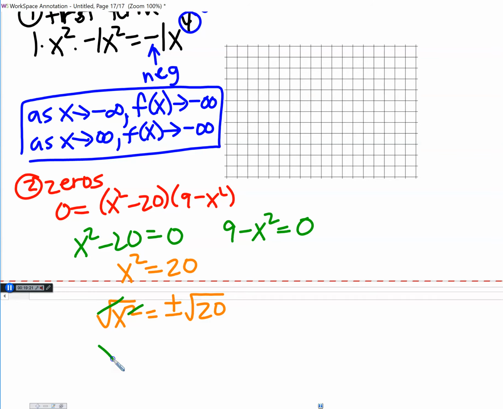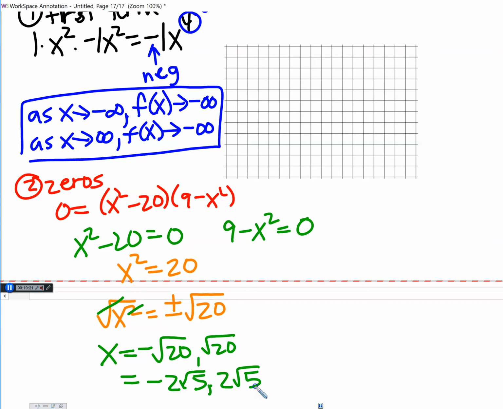And that's going to give us x either equals negative square root of 20 or positive square root of 20, both of which we can simplify because they have a perfect square factor of 4. So this is negative 2 root 5 and positive 2 root 5. Here, personally, I would add x squared to both sides, which now gives me either 9 equals x squared or x squared equals 9, whichever you prefer.